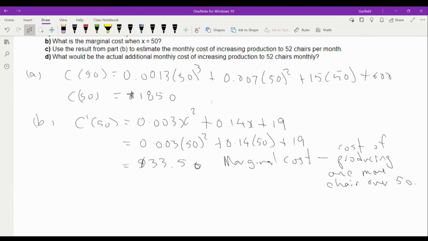I understand. Okay. All right, let's do part C. Use the results from part B to estimate the monthly cost of increasing production to 52 chairs per month. So this is going back to the discussion we had a little earlier. We know the cost of producing 50 chairs.